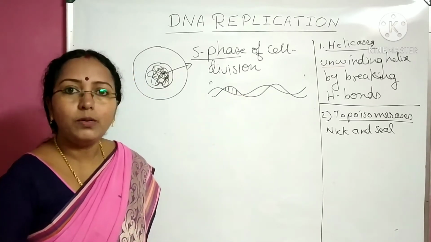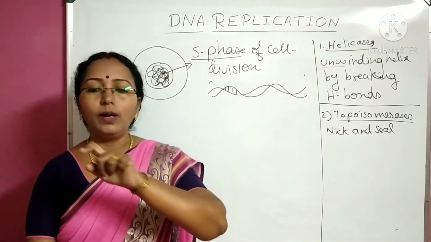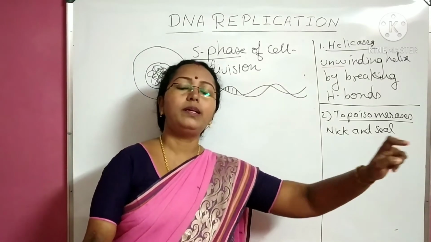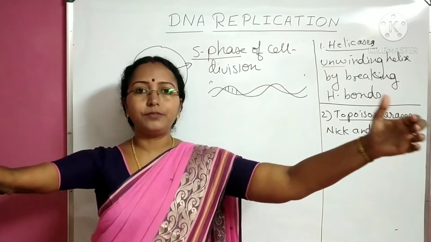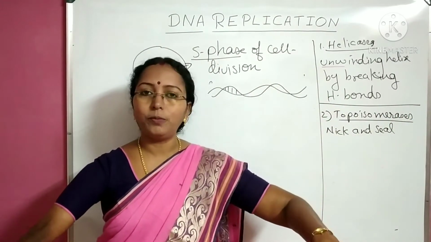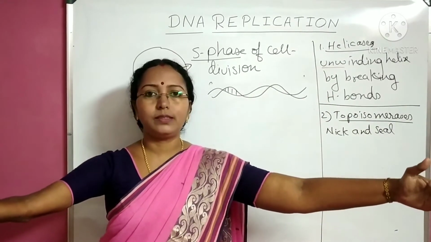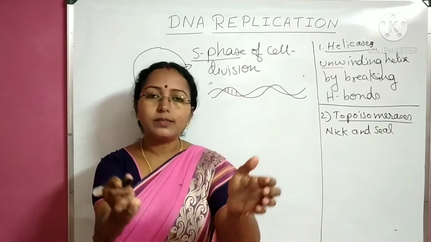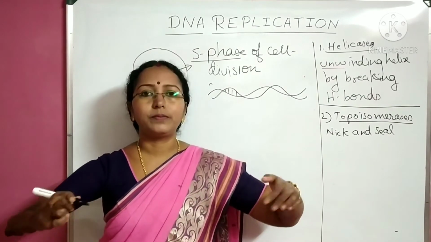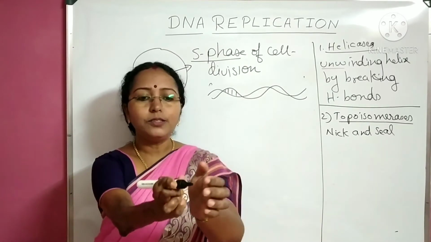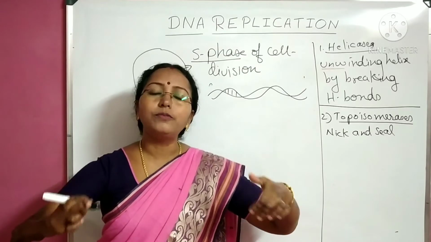You should remember one thing: this helicase enzyme will never go and unzip the whole DNA together. Never are the two strands of DNA fully separated. As the two parental strands are getting separated, new strands will keep on forming.